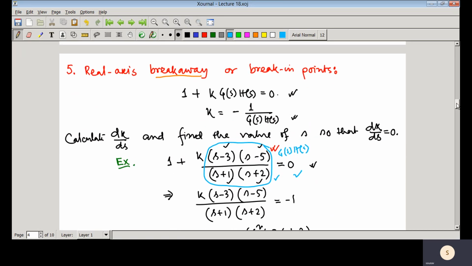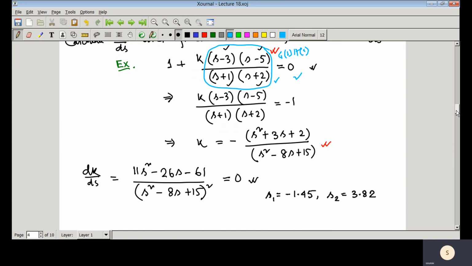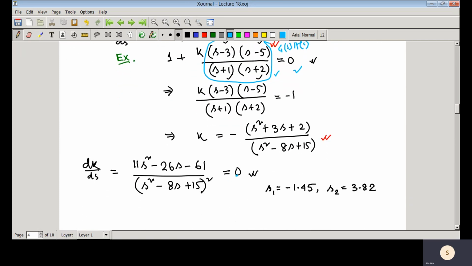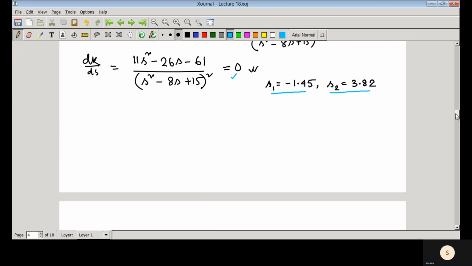For finding the real axis breakaway point, we need to find dK/ds, and if we equate it to 0, we get two values, s1 equal to this one and s2 equal to that one. So let us draw the root locus based on the rules that we have discussed.